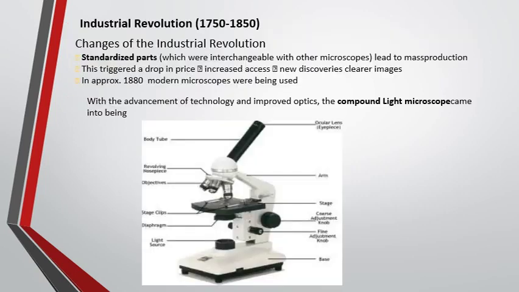Now it's time for the Industrial Revolution. At this time, not much change in the basic microscope design occurred, but better lenses were crafted, using pure glass and different shapes to solve problems like color distortion and poor image resolution.